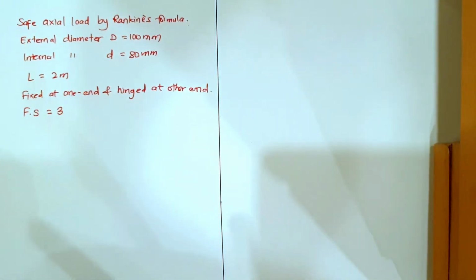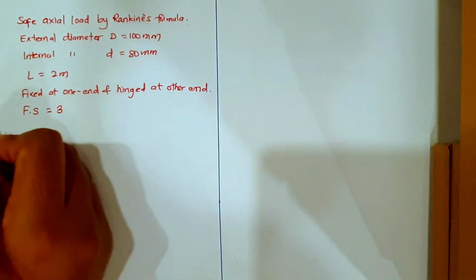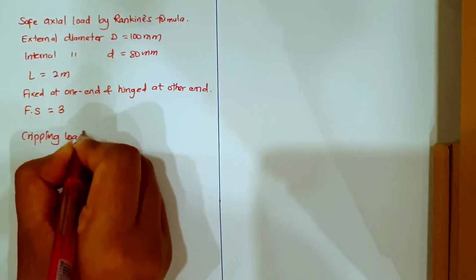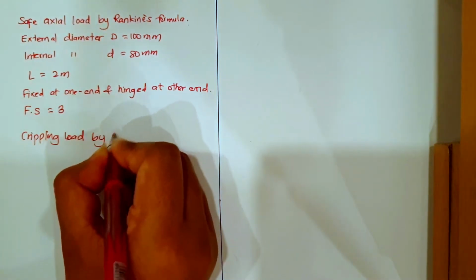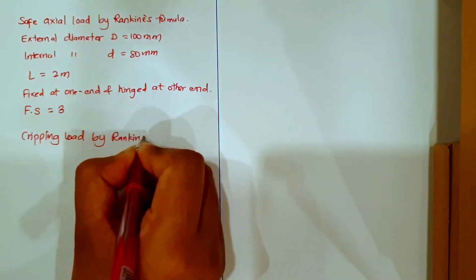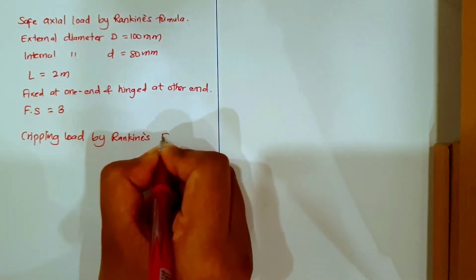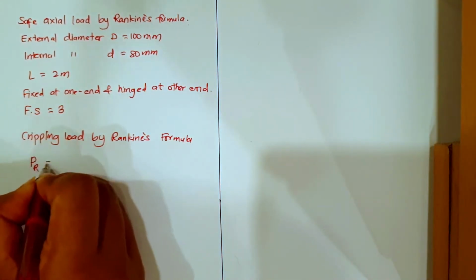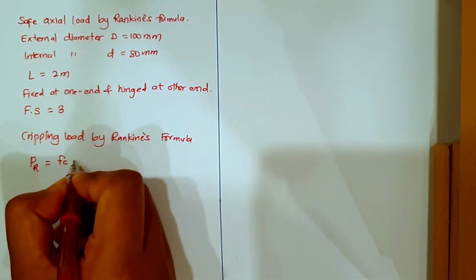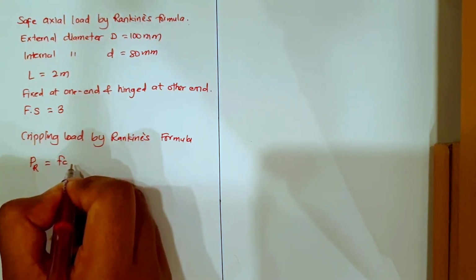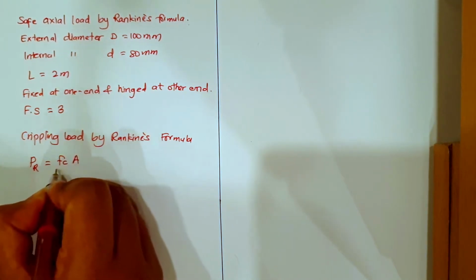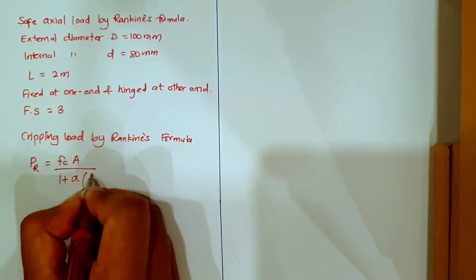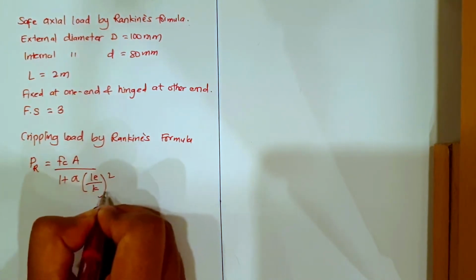Okay, now let us first write Rankine's formula. So the crippling load by Rankine's formula is given by PR is equal to FC into area divided by 1 plus alpha into LE by K the whole square.